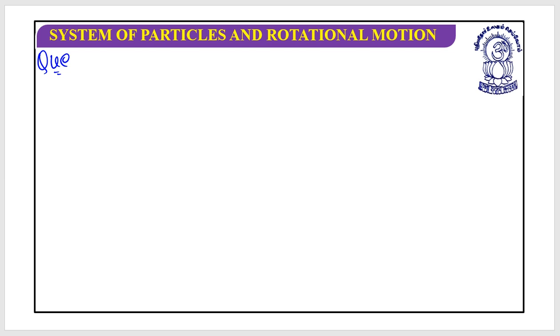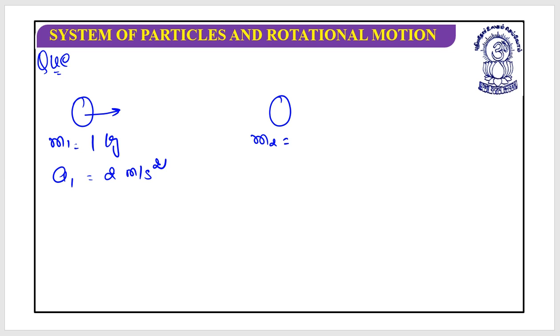Suppose a first object having mass 1 kg and moving in this direction with an acceleration of, let's say, 2 meter per second square. Another object having mass 2 kg has an acceleration of, let's say, half meter per second square.